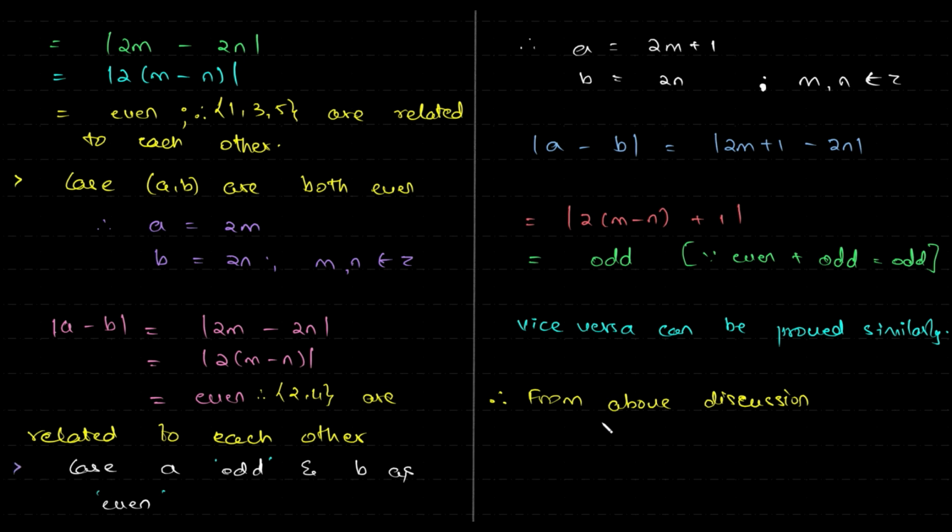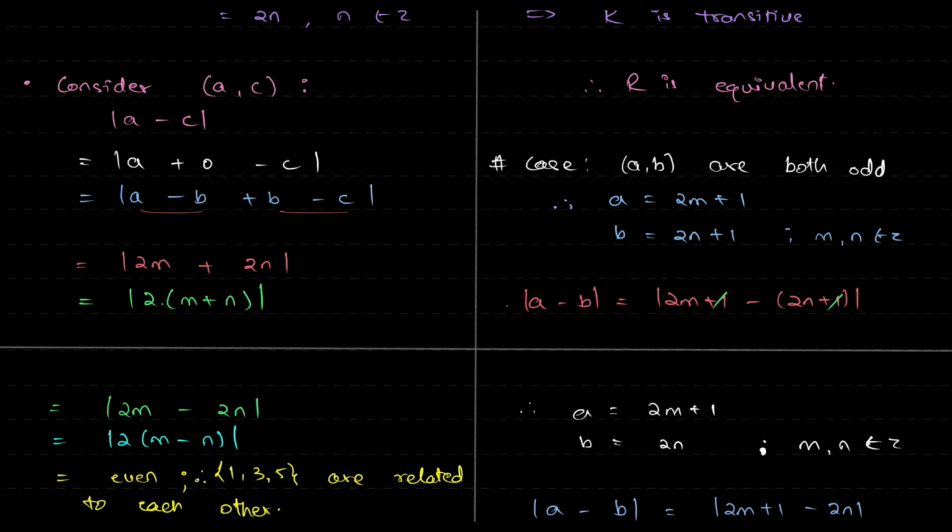In this case, since I already wrote it, 1, 3, 5 will not be related to 2 and 4. Okay, yes, this is the lengthy version of writing the answer.